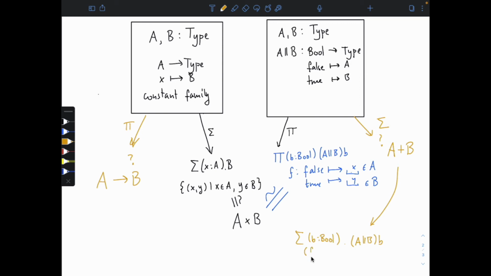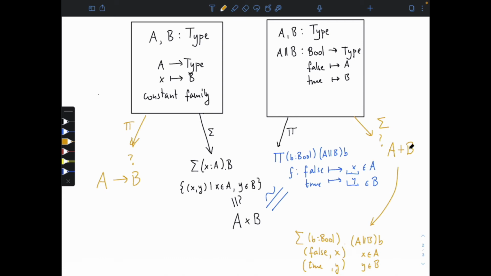One option is that it's a false and an element x from A. The other option is that it's a true, and then it has to be an element y from B, because it has to be from the correct type. But the information here is just the same as the information that you have for an ordinary sum. This is the tag. False is telling you it came from A, and true is telling you it came from B. So injection 1, injection 2. Right? So you see that you can get these things here.